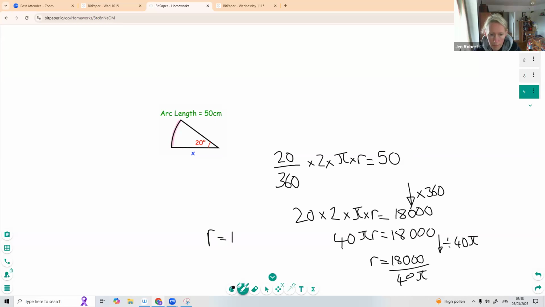Quite a large radius here. 143 centimetres. Let me just check that answer. It's always good, if you're unsure, to put it back into the formula and see if it works. If you round to one decimal place, it'd be 143.2. So let's see, 20 over 360 times 2 times pi times the radius.